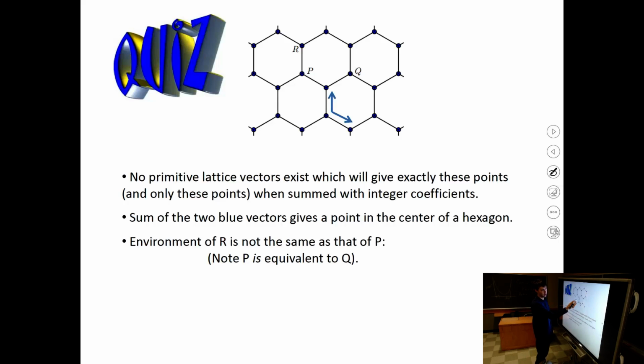So you start with this lattice site, what could be the lattice vectors? Well, you have to go to this point and to this point. But if you add these 2 vectors, you're going to be in the middle of a hexagon. There is no atom there. That's not a lattice point. And you're also going to miss a bunch of atoms this way. So this is actually not a lattice.